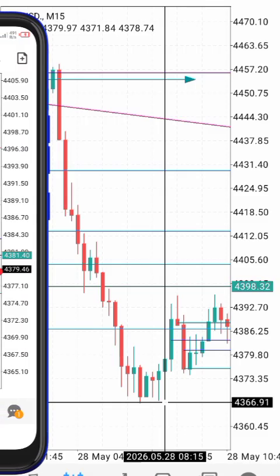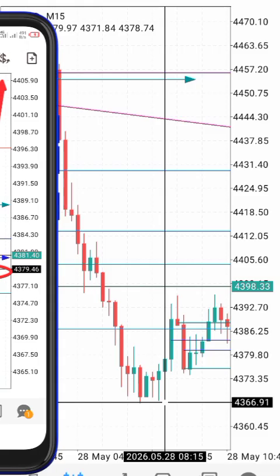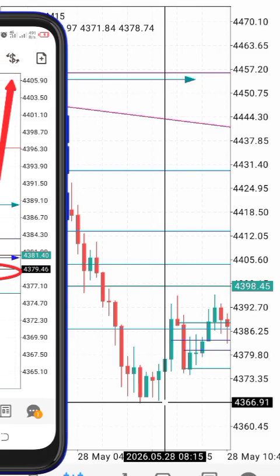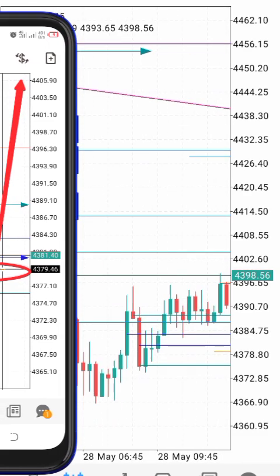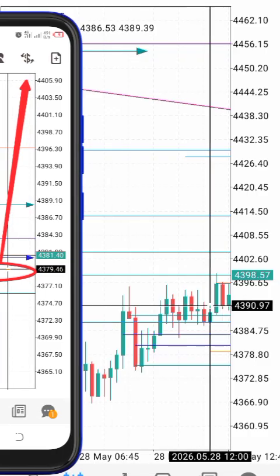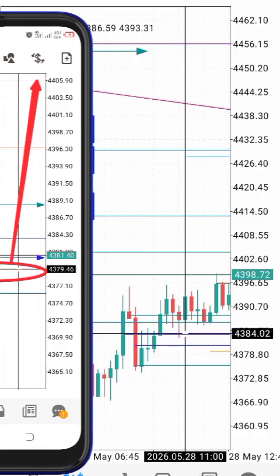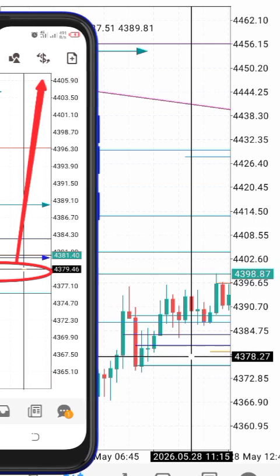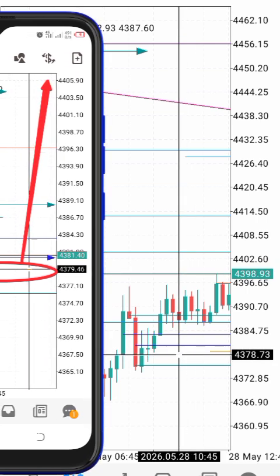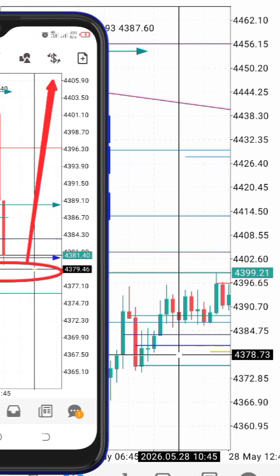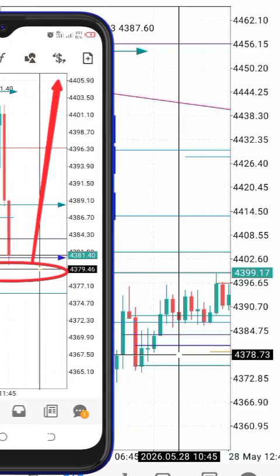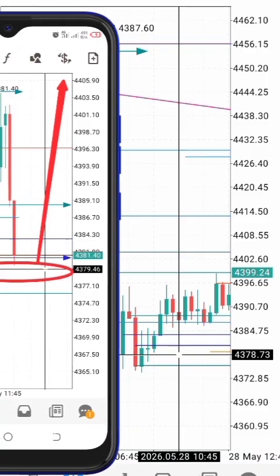All right, so now we saw a structure, which means we have to trade on the new structure that we saw. The structure we saw was the formation of a new fib sequence. As soon as we spotted the new fib sequence, we saw that the fib 0 will be at 4378, which means the first fib arrow is the original structure.